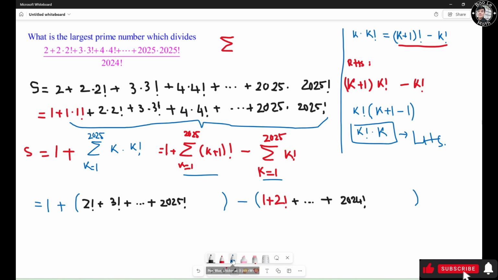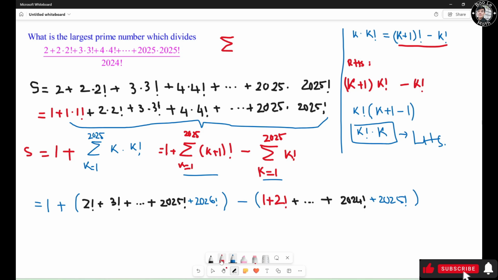And the last one, k equals 2025, turns out to be plus 2026 factorial, and in the second sum, k equals 2025 turns out to be 2025 factorial.